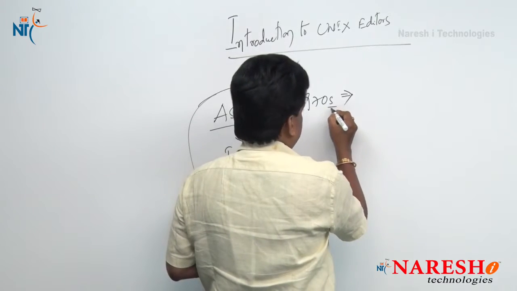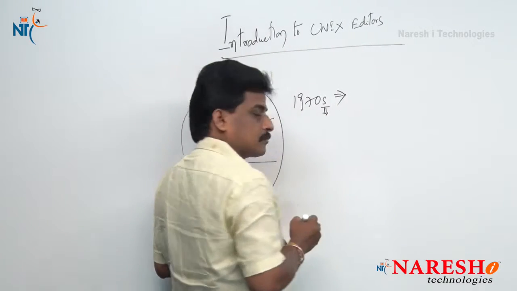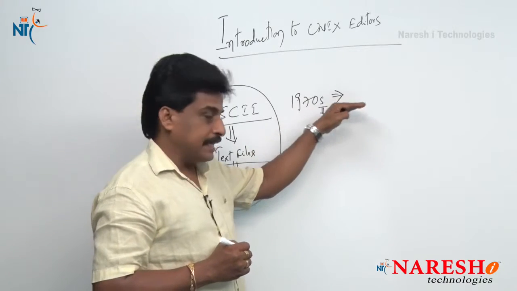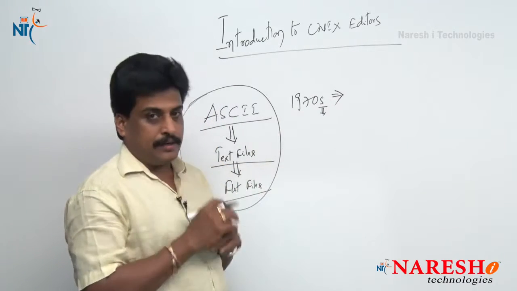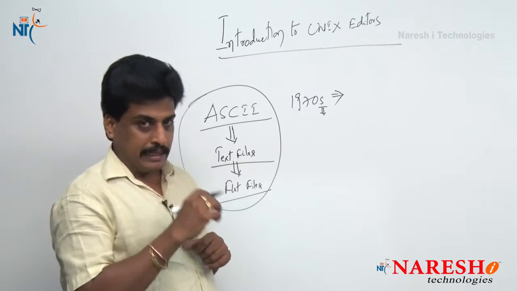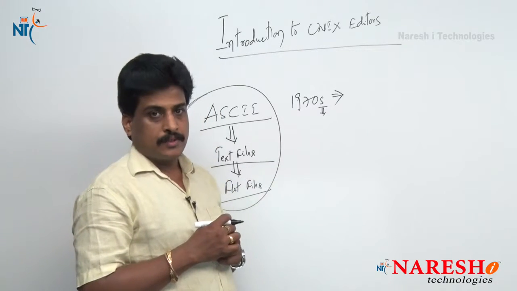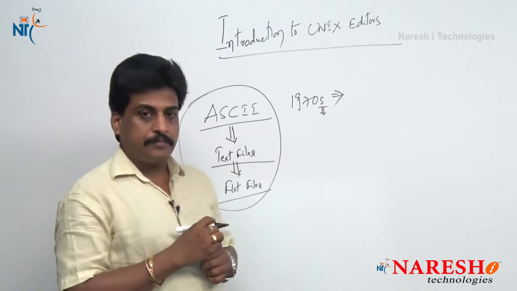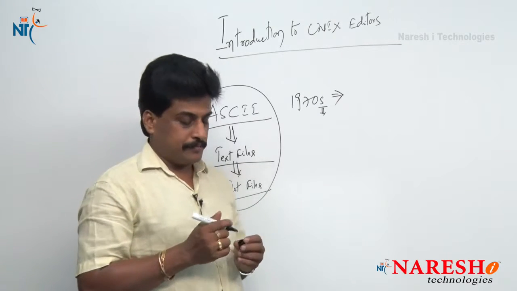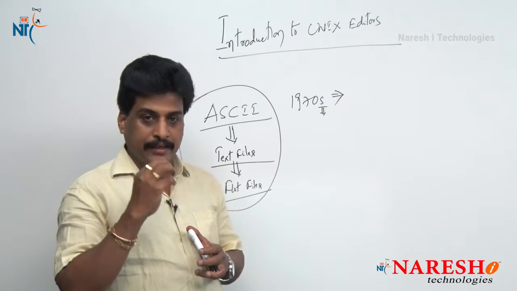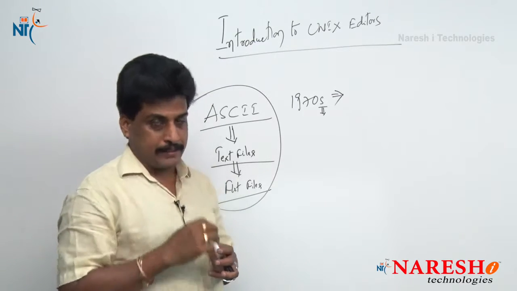This S indicates a decade, in the sense 1970 to 79. Approximately, when we are going to write a date, we use S. In the 1970s, B language father Ken Thompson first implemented this editor concept.